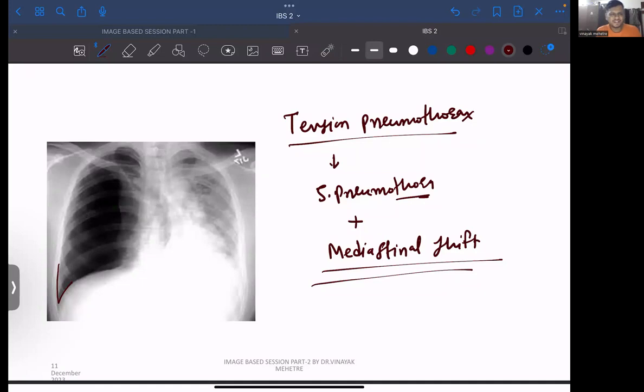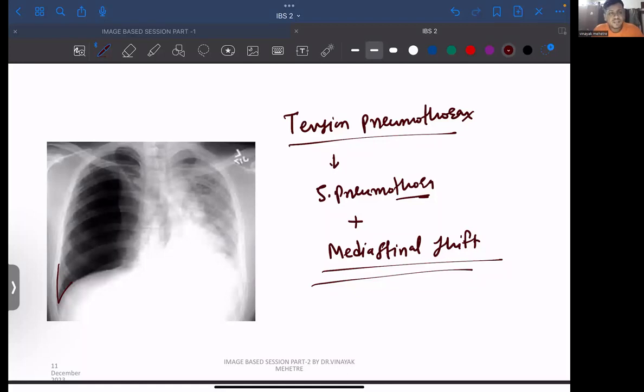What is the treatment? Remember, any kind of thorax, treatment is intercostal drainage, ICD. Puncture is emergency management for any kind of thorax.